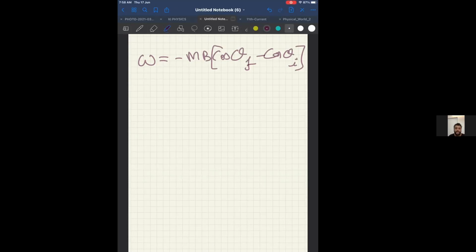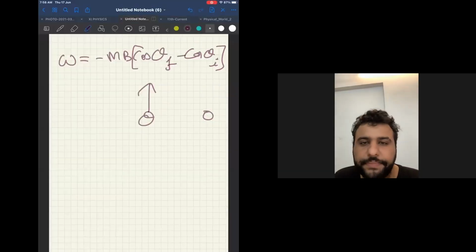In this question, my final angle is theta and the initial angle is not given, so 0. Therefore I get my answer. This is how you solve with the direct formula.